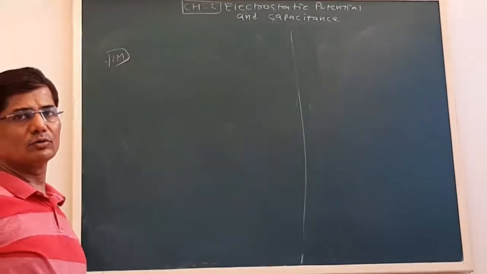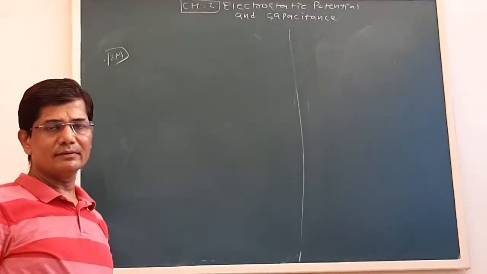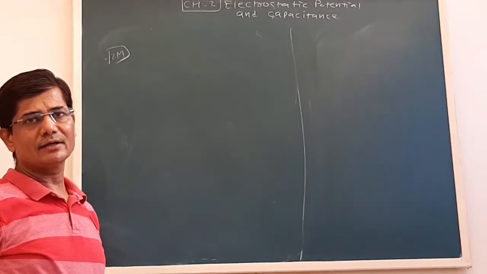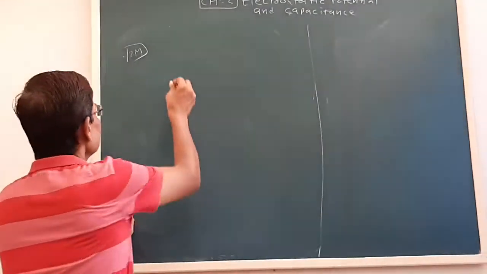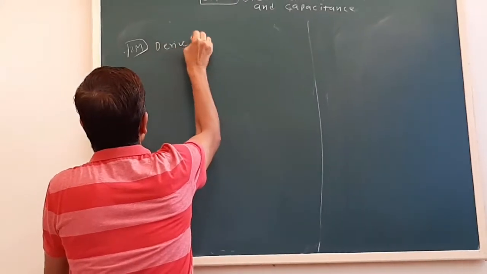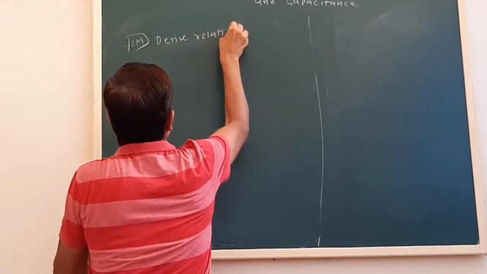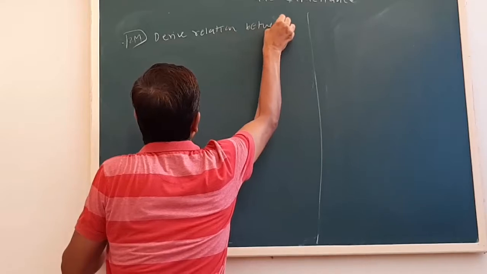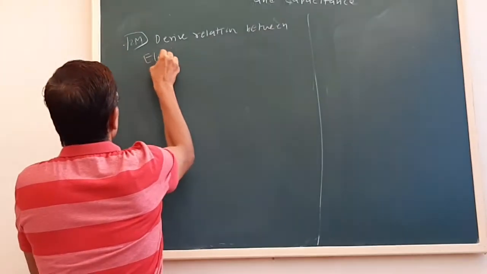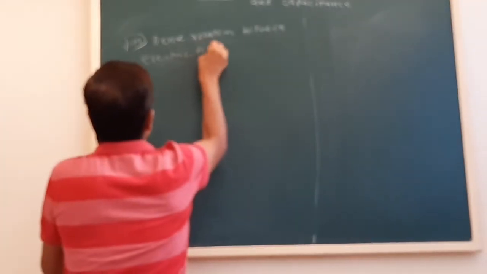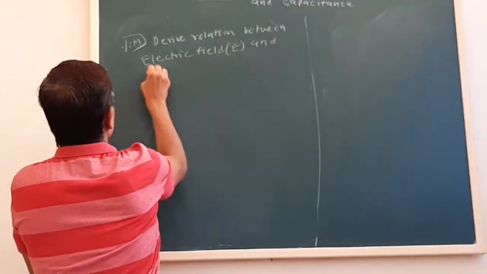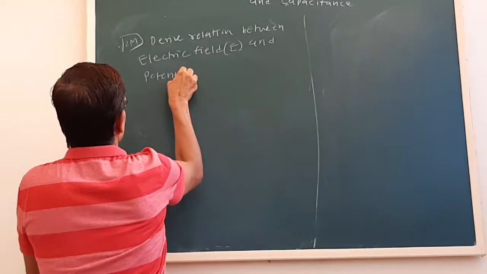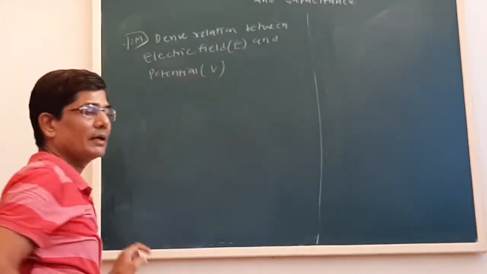Now next we have to derive the relation between electric field and electric potential. This again can be asked in a 2 mark question: derive the relation between electric field and electric potential.